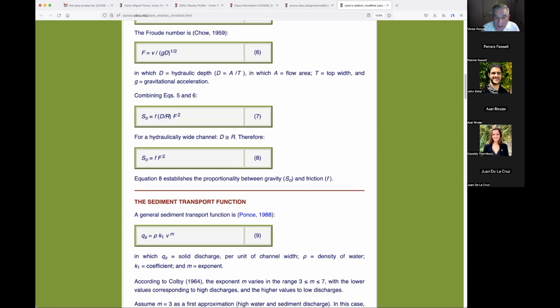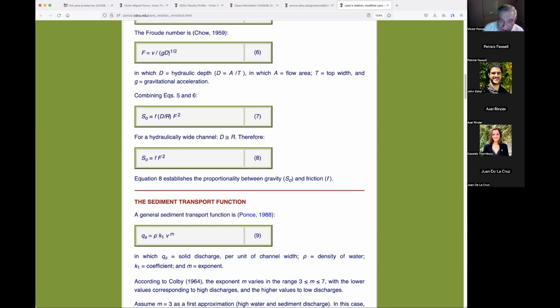This equation number 8 is our friction equation, which says that the slope, the friction, is dimensionless. The friction is dimensionless, F, and F has to also be dimensionless because we're talking here all dimensionless. So we get this equation.